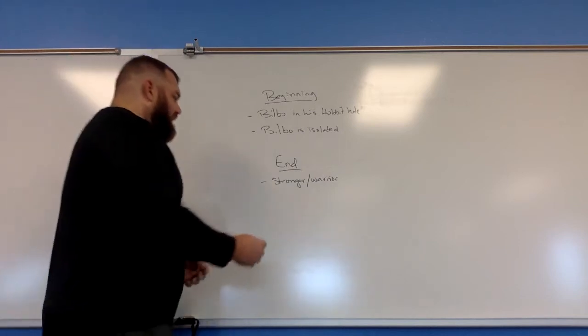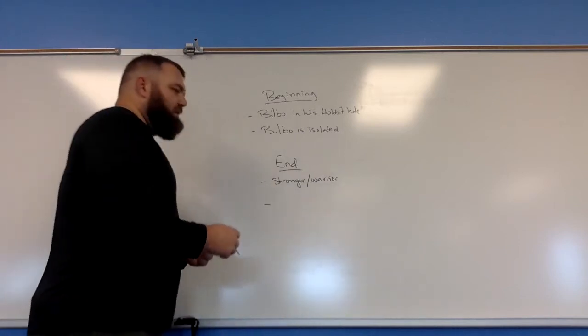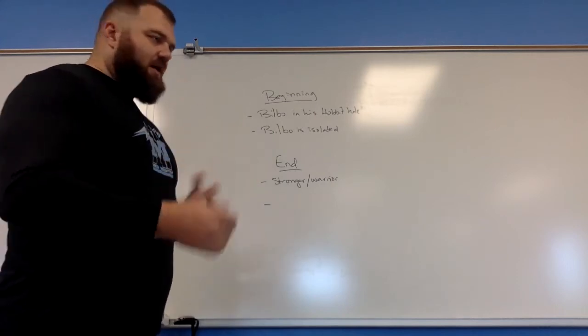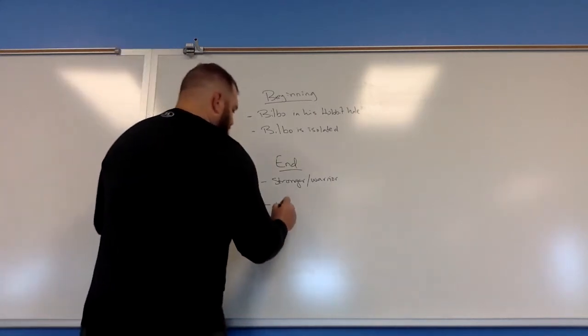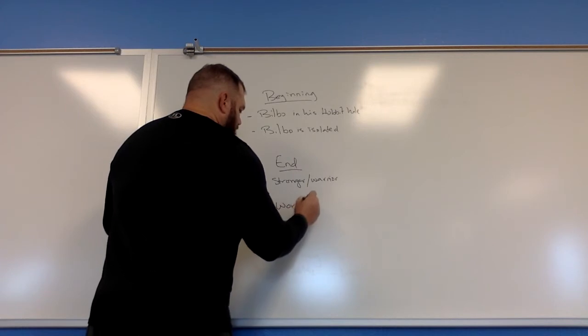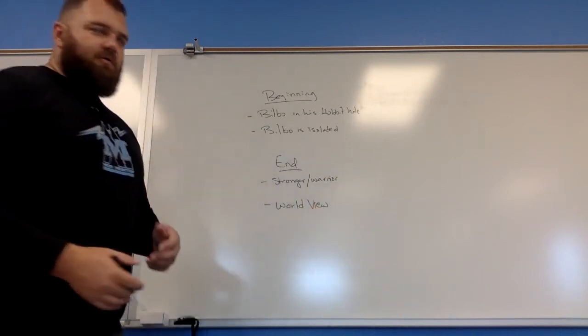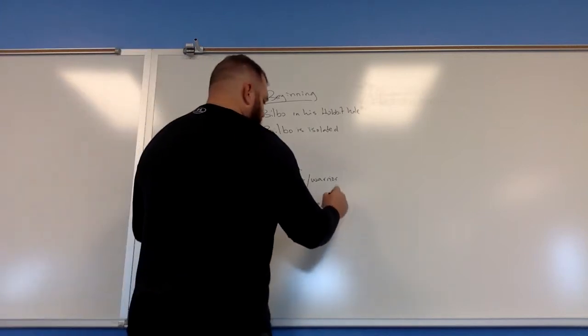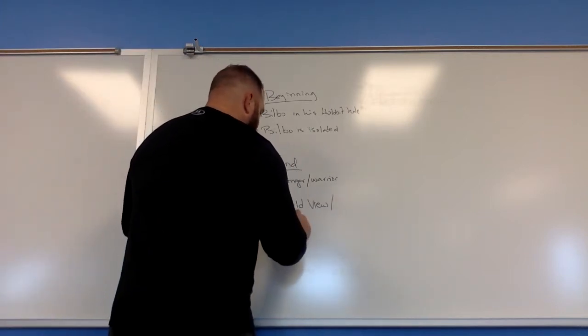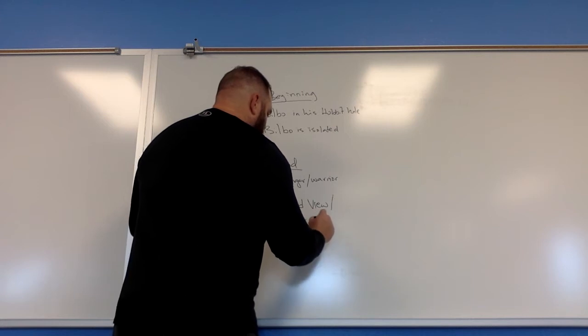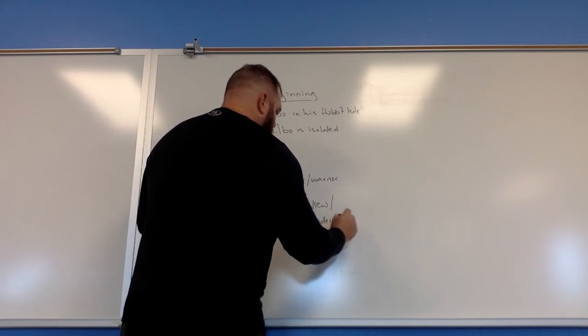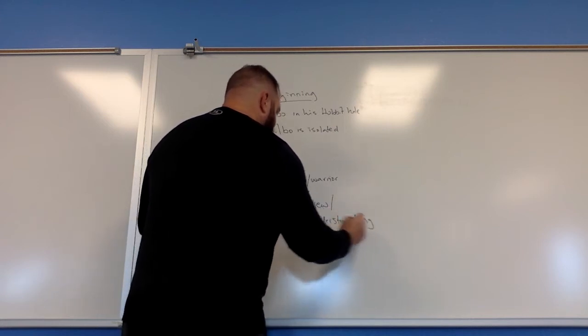But in The Hobbit, the biggest transformation is his psychological transformation. He now has what I would call a world view. He's got a world view. He has a greater understanding of the world around him.